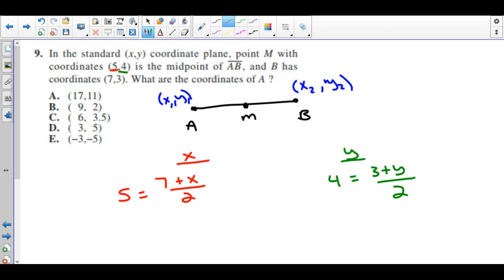So just a little bit of algebra on both of these. I'm going to end up with 10 equals 7 plus x, so x is going to come out to 3 here. And then the y coordinate, I'm going to multiply my 2 to the other side and get 8, and that is equal to 3 plus y, so y is 5. So I'm looking at 3, 5, and that answer is D.